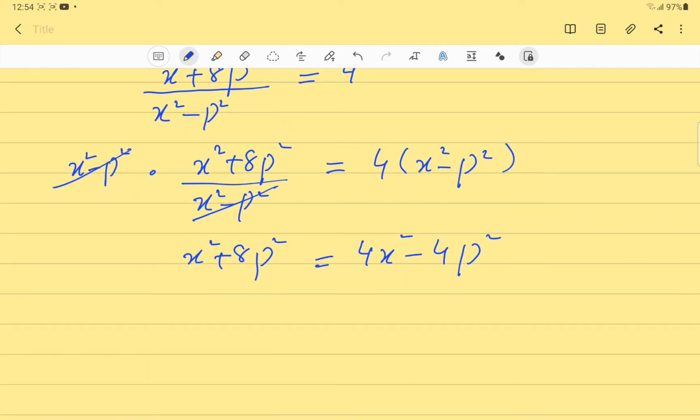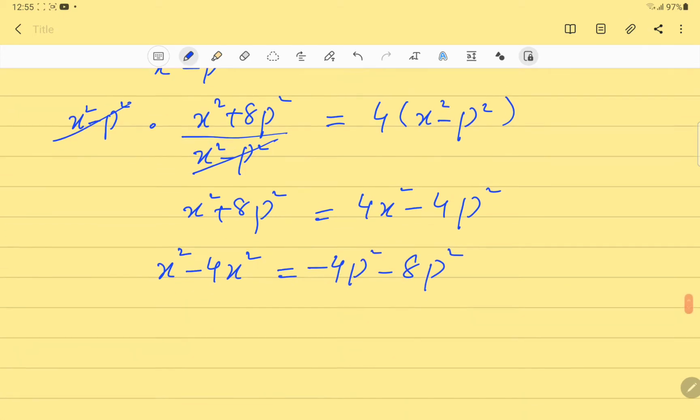Now we will take all x terms on one side and those without x on the other side. When we bring 4x squared from the right side to the left side, its sign will change, and the same will happen with the 8p squared. When it goes to the right side, it becomes minus 8p squared.